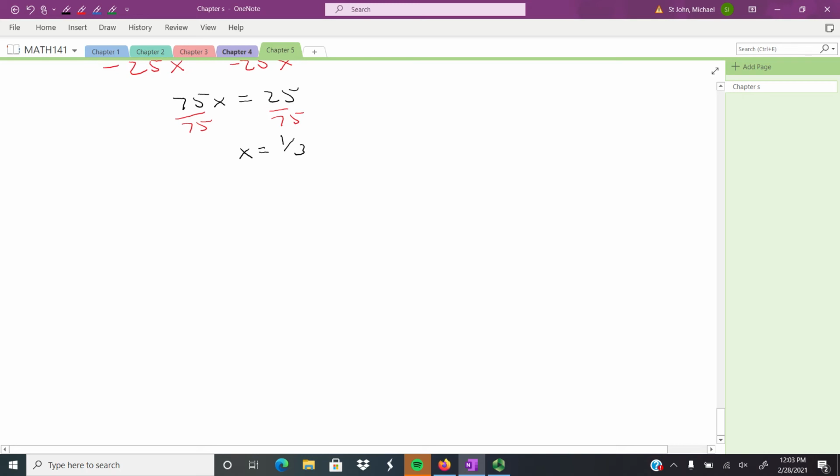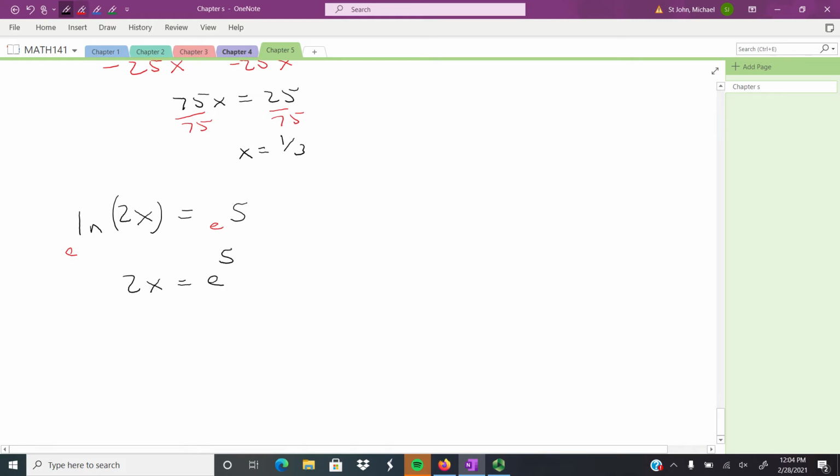Oh, let's see, another type is like this. Natural log of 2x equals 5. Well, the opposite of natural log is e. Right? So e and e. So 2x equals e to the 5th.